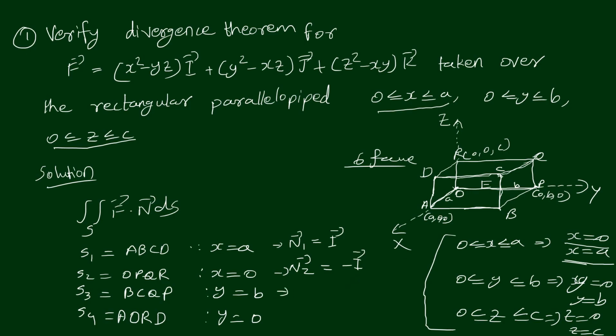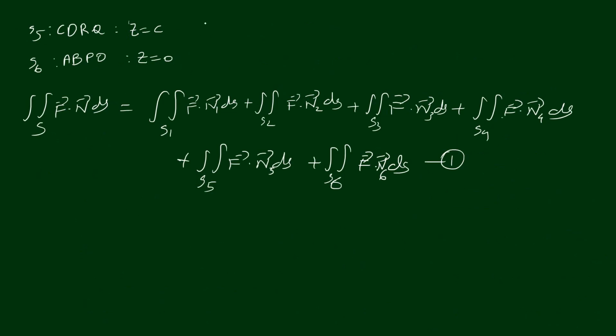Similarly, over S3, y equal to b, we'll get a unit normal vector along the y axis, that is j vector, and by a similar process n4 is minus j vector, n5 will be k vector, and n6 vector you'll get as minus k.